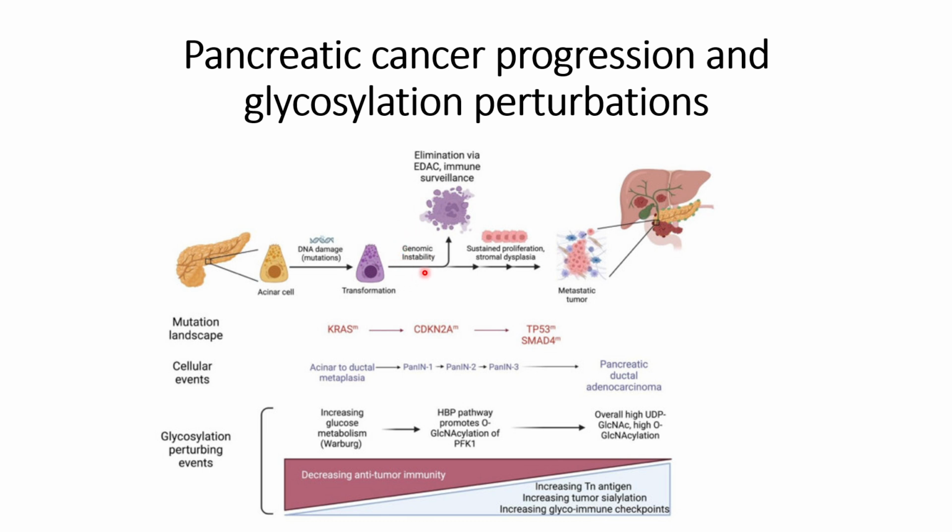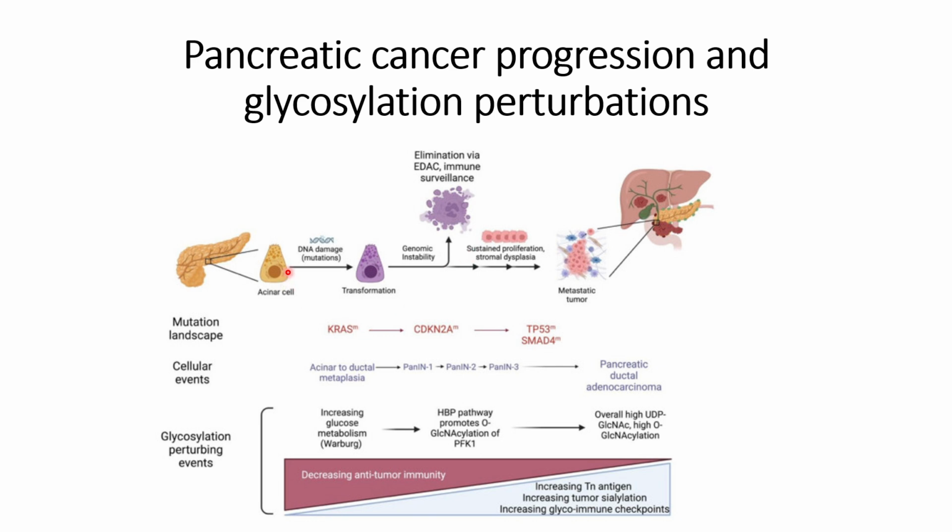Until this stage, through immune surveillance or EDAC, that is epithelial defense against cancer, these mechanisms of the immune cells can remove these genomically unstable pancreatic cells. If cells are able to survive or pass through these stages, it leads to sustained proliferation and stromal dysplasia. This is how pancreatic cancer progresses.